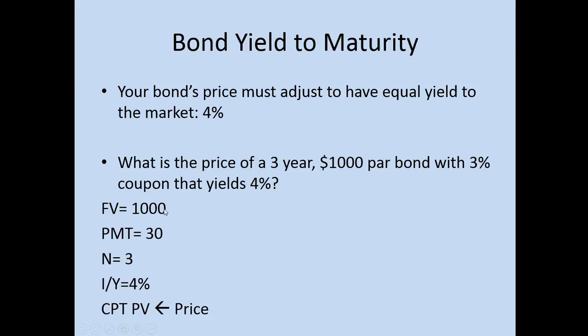The future value of a bond is $1,000. Each year we receive $30 of payments. There are 3 years, and the market rate is 4%, right? And so the question is, what does our price have to be to equal the yield of all the other bonds? And we would do the present value calculation.